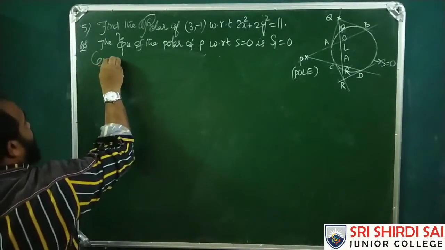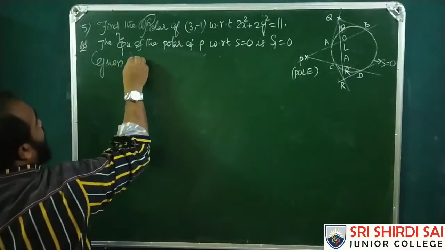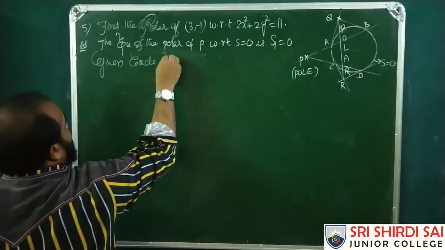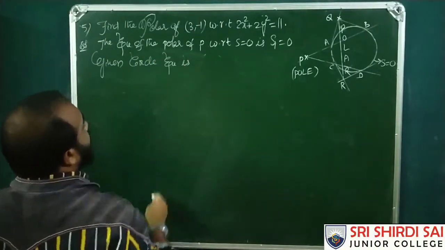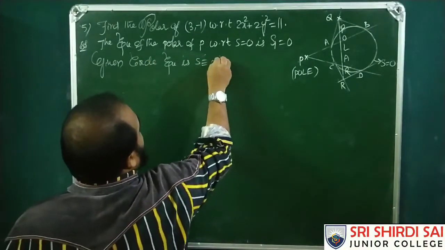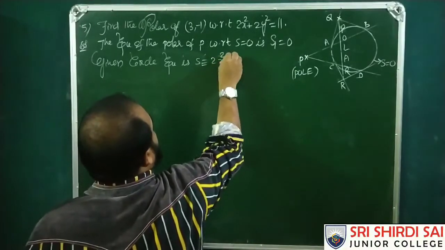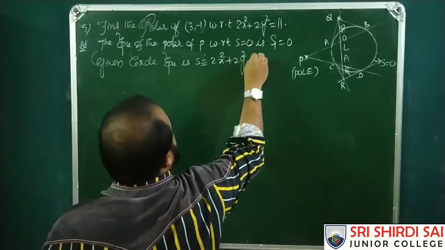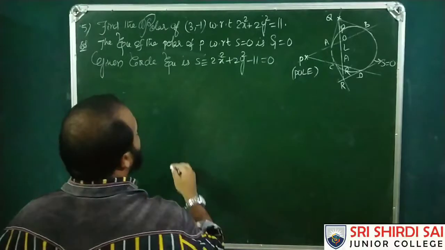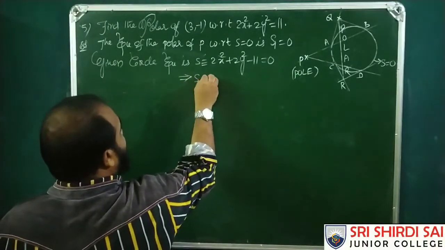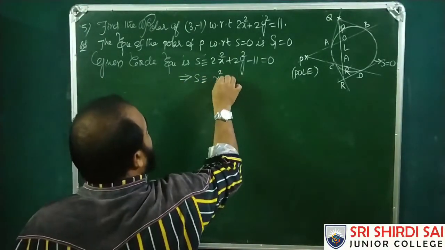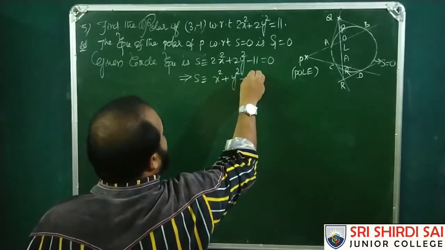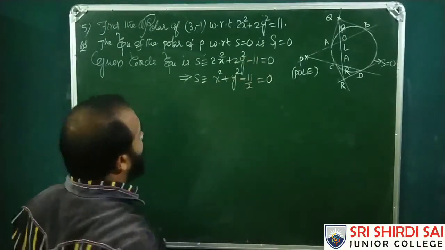Given the circle equation S is 2x square plus 2y square minus 11 equals 0. That implies S is x square plus y square minus 11 by 2 equals 0.